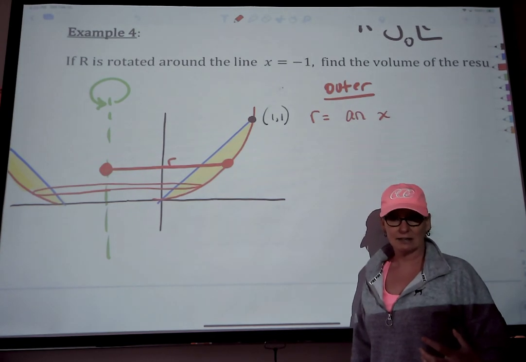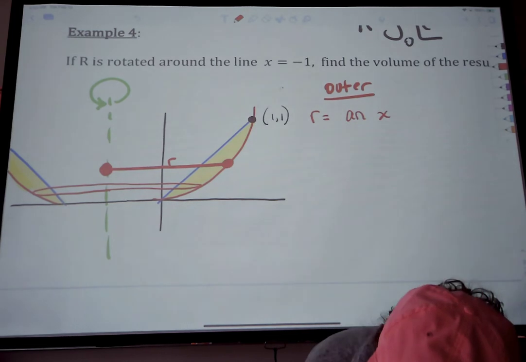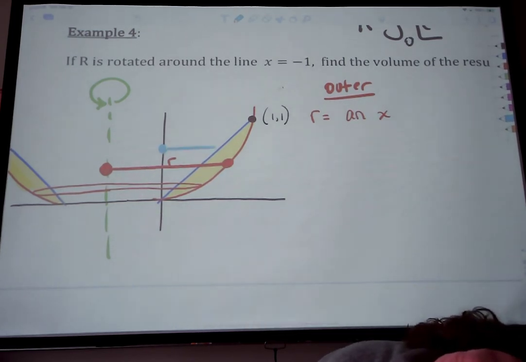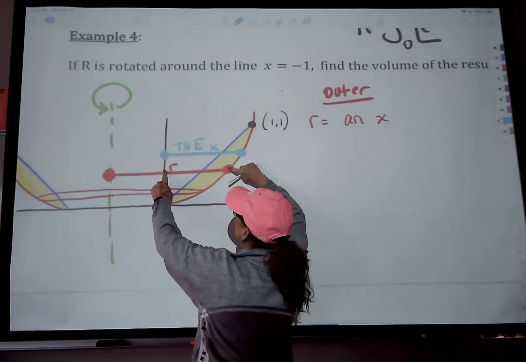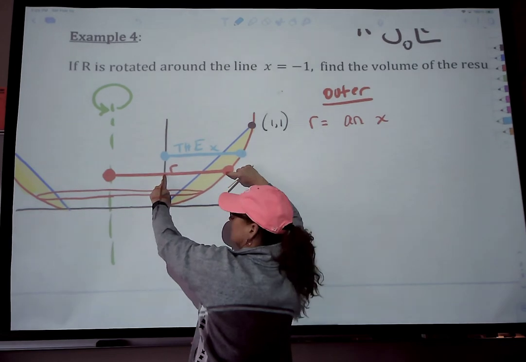It's not on the y-axis. What is the x? Well, the x would go from here to here. This would be anywhere, anywhere, anywhere, anywhere. This would be what I would call the x.